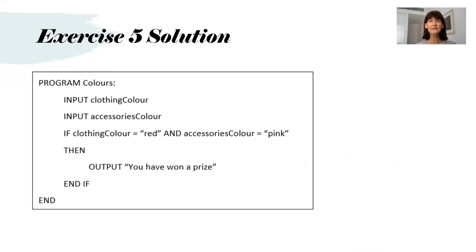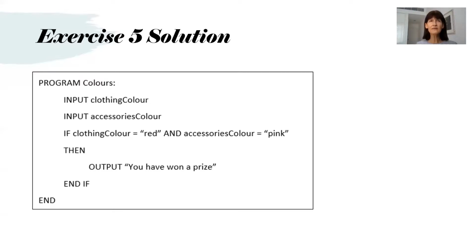Program colors. Input clothing color. Input accessories color. If clothing color equals red, here that's in quotes because it's text, it's not a variable, and accessories color equals pink, then output you have won a prize and end if.